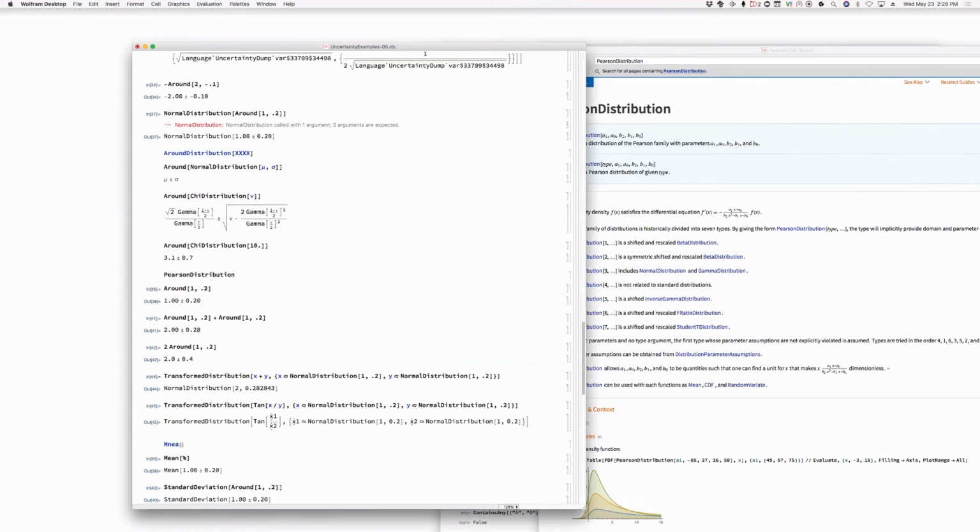Do we have a single function for mean and standard deviation? No, probably not. Okay, but the Around of this thing should arguably be, so if I say Mean of line 45, it's going to grind for a long time and return unevaluated. Really?